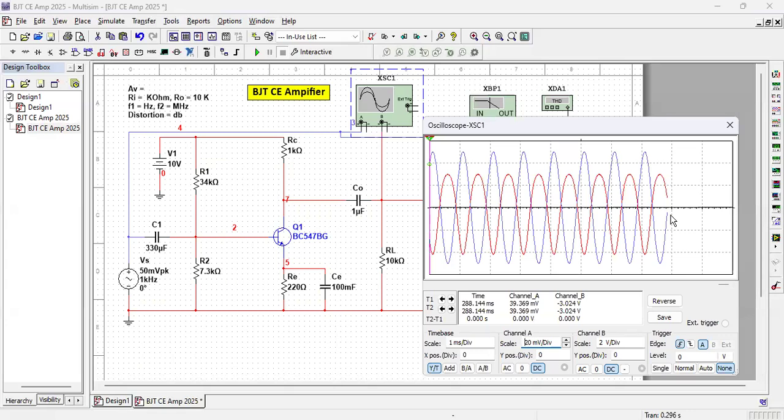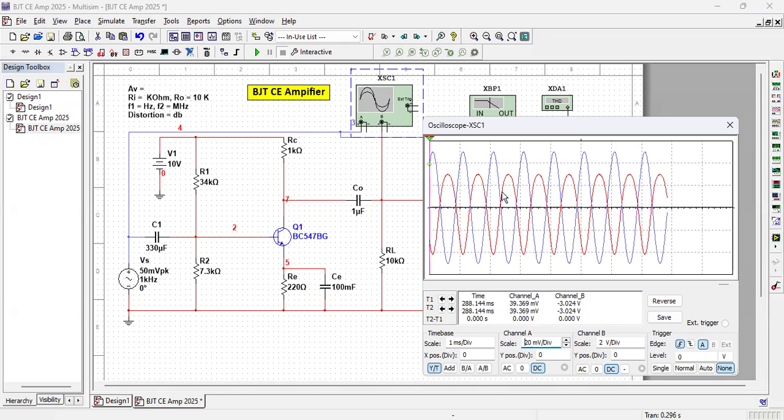Now, this red line, have you noticed that the upper end and lower end do not look similar? Whereas for the blue line, your input, the upper end and lower end were the same. That means there is some distortion in the output.